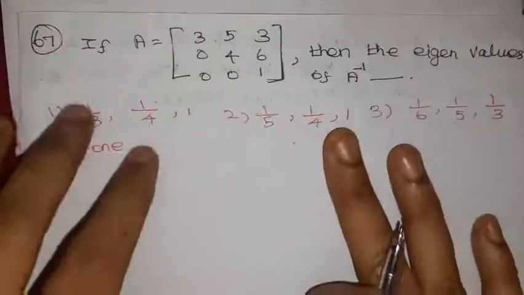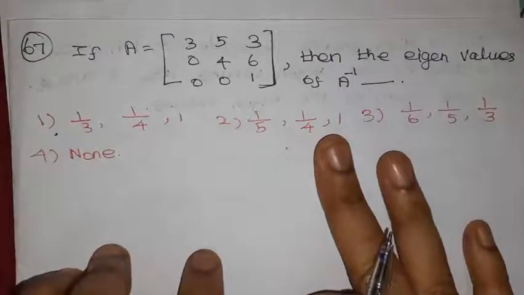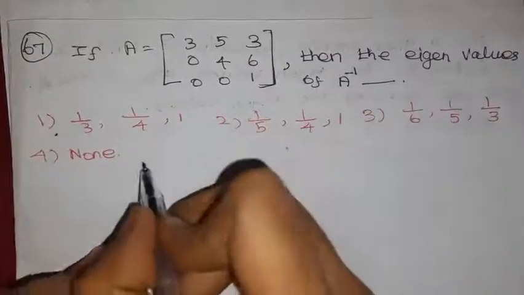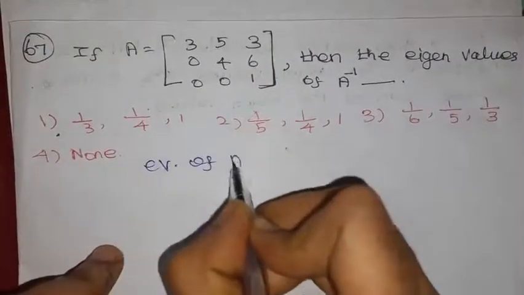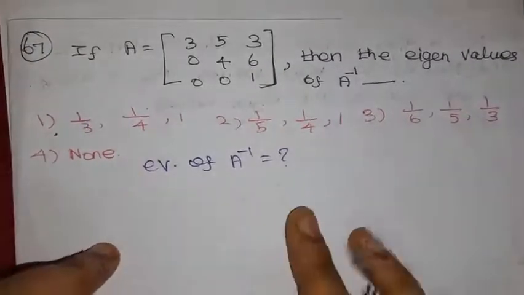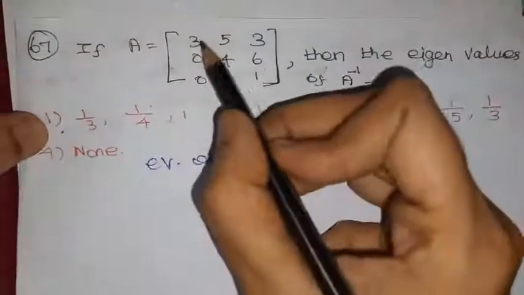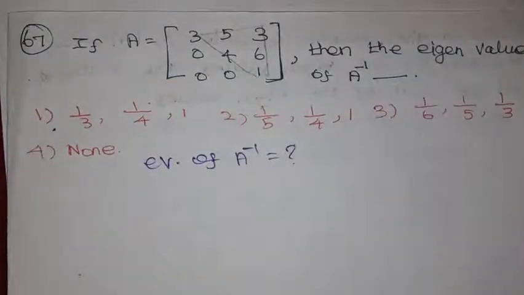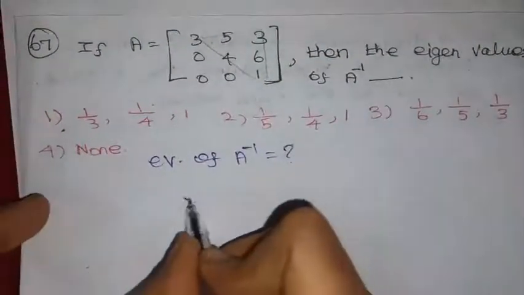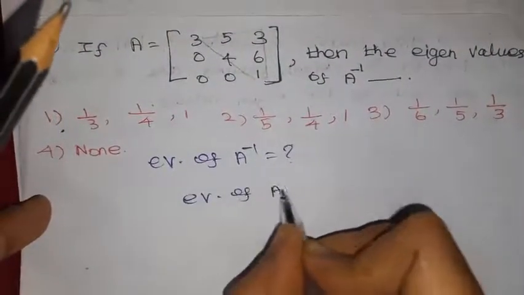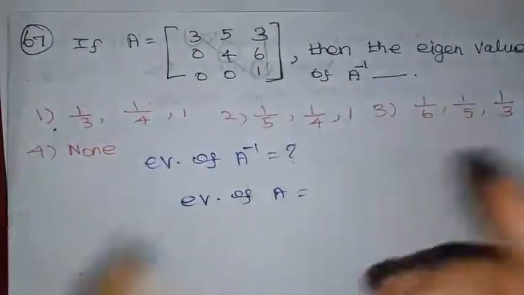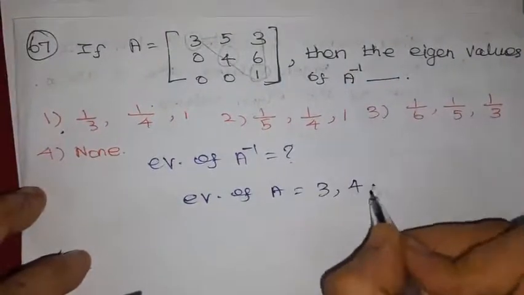Then problem number 67. If A equal to the given matrix, then the eigenvalues of A inverse. We need to find out the eigenvalues of A inverse. Let us see how to solve this problem. See, the given matrix is an upper triangular matrix. For any triangular matrix, upper or lower, the eigenvalues of A are nothing but the leading diagonal elements, which are 3, 4, 1.